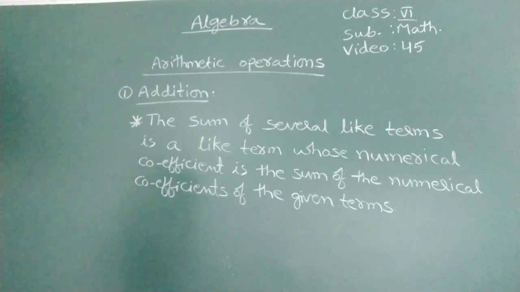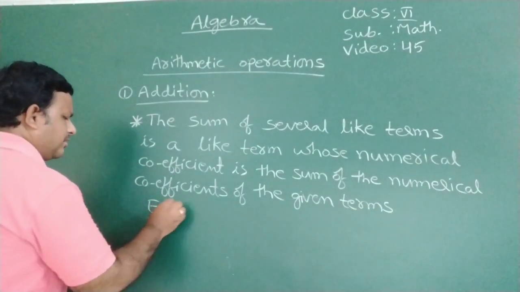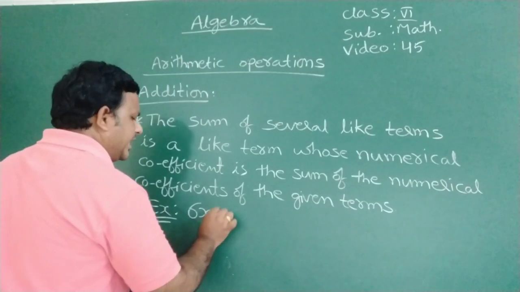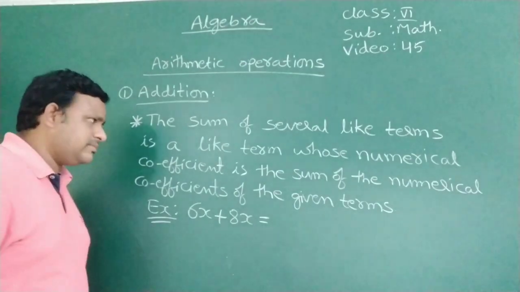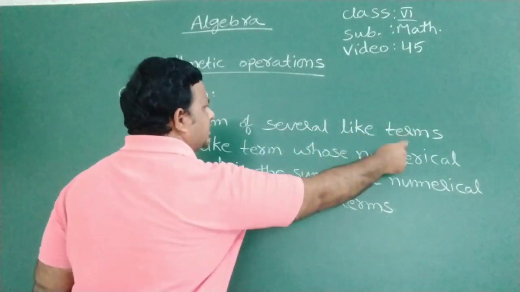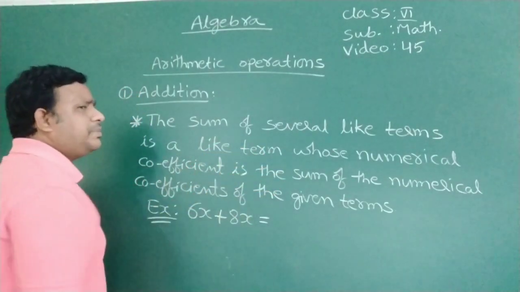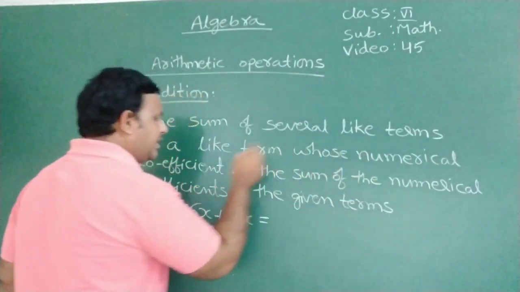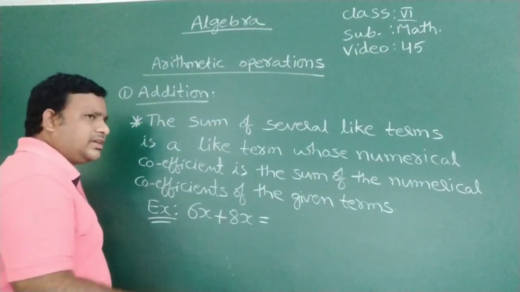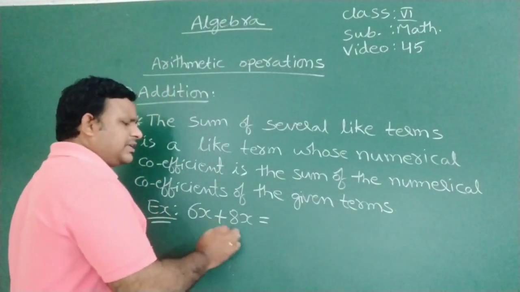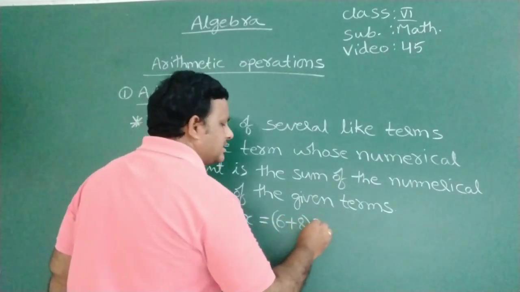So what is the rule exactly? For example, take 6x plus 8x. Is it the sum of like terms? Yes. So the sum of several like terms is a like term. The answer also should be a like term whose numerical coefficient is the sum of the numerical coefficients of the given terms. So 6x plus 8x is nothing but (6 plus 8)x.